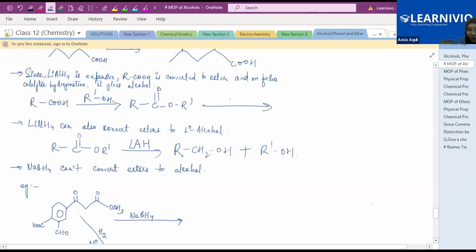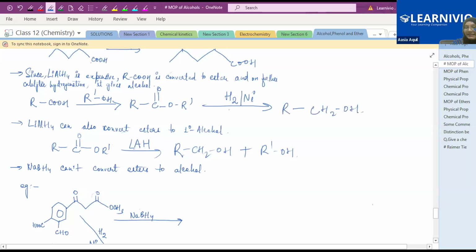So when you convert the carboxylic acid into ester in the first step, and after that do catalytic hydrogenation, H2 in the presence of a catalyst, nickel, it will get reduced to the corresponding alcohol. So what you will get is RCH2OH.